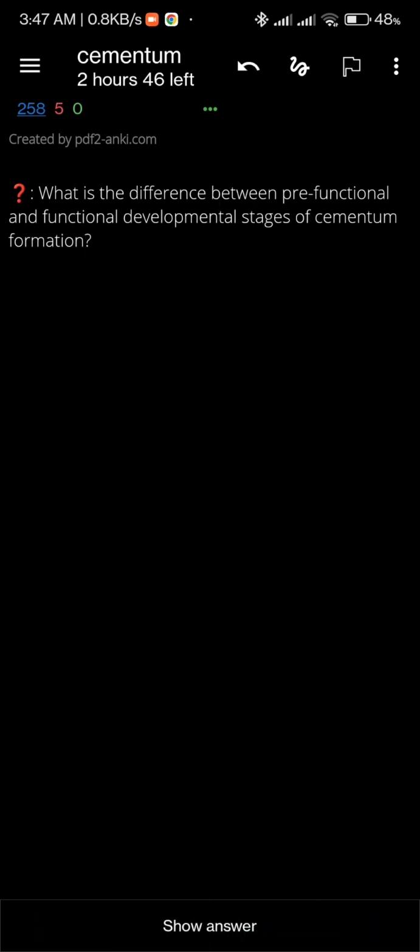What is the difference between the pre-functional and functional developmental stages of cementum formation?